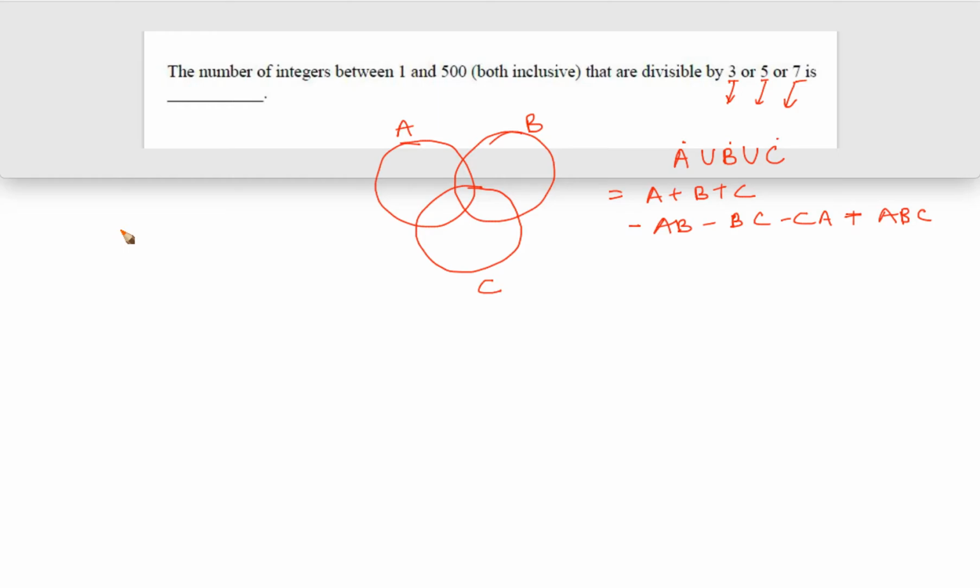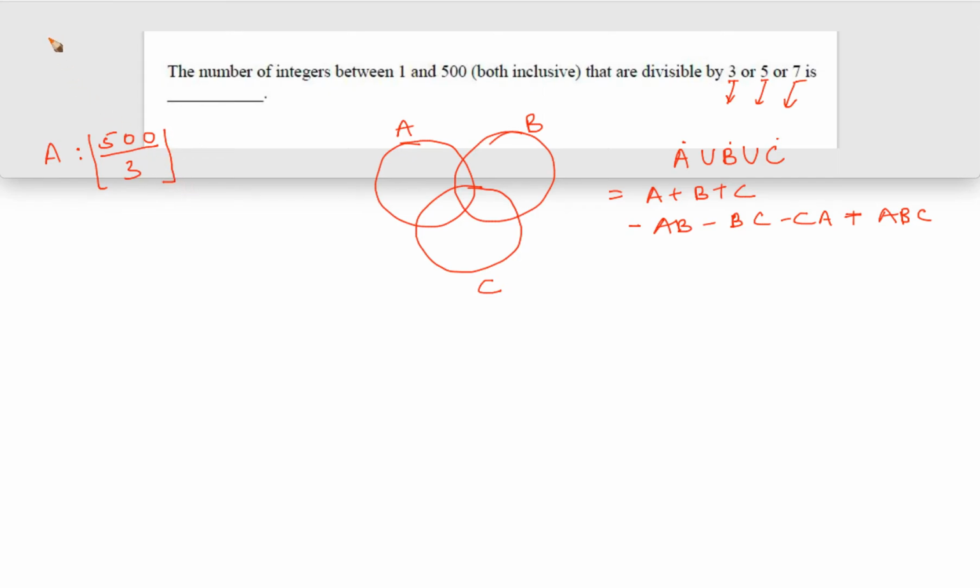Now the point is, what are the values of A, B and C? What is the size of A, B and C, right? So let's write it here. So A is basically all the numbers, so 500 numbers are there, right? So it will be like 500 divided by 3 floor.